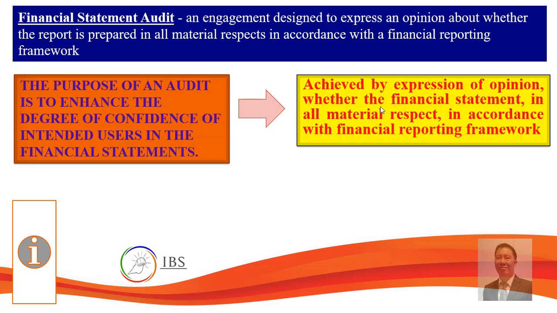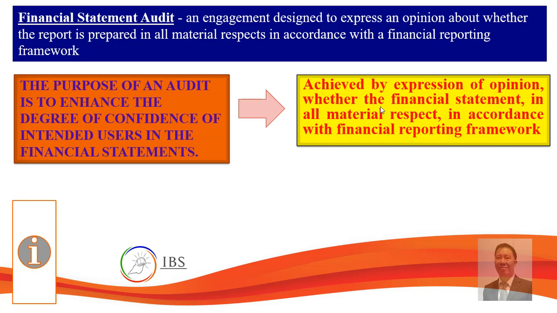And the auditor will express their opinion whether the financial statements are, in all material respects, in accordance with the financial reporting framework. So when you studied your financial accounting and principles of accounting, you may have discussed international financial reporting standards.